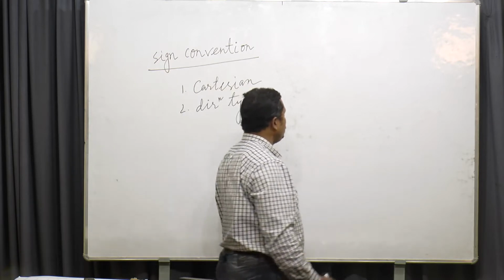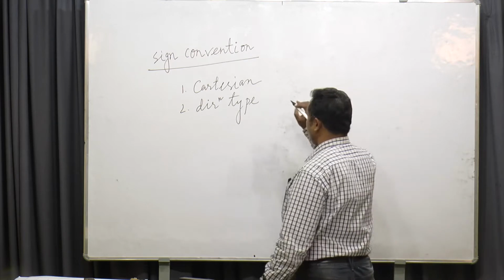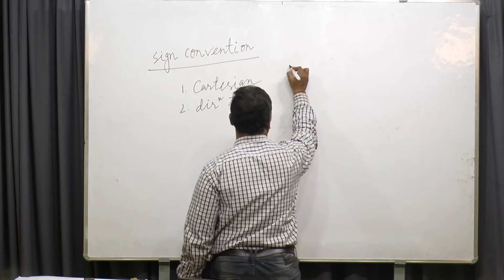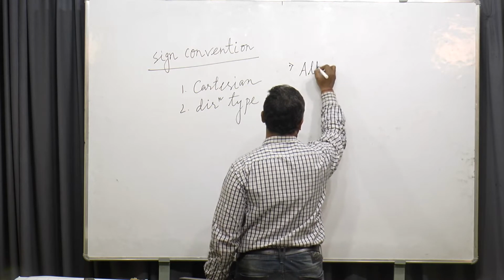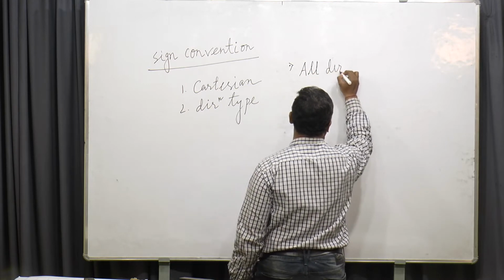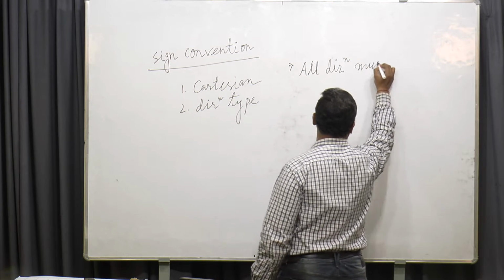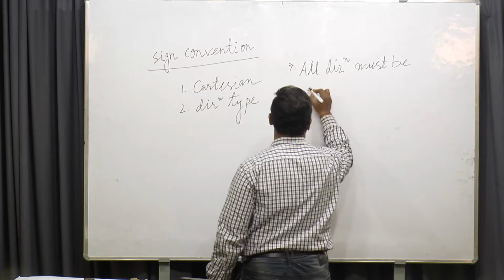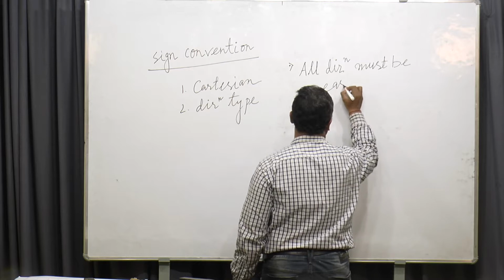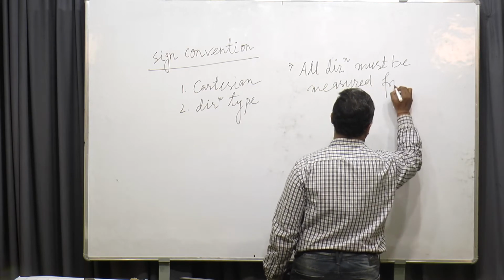I will do this direction type, because the rule is very simple. All directions must be measured from the pole.